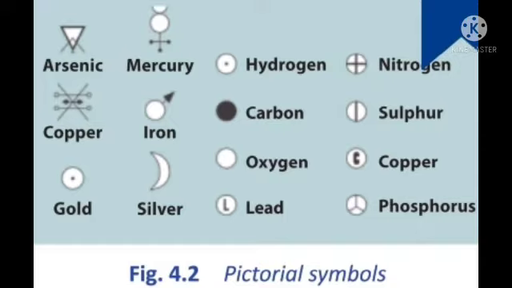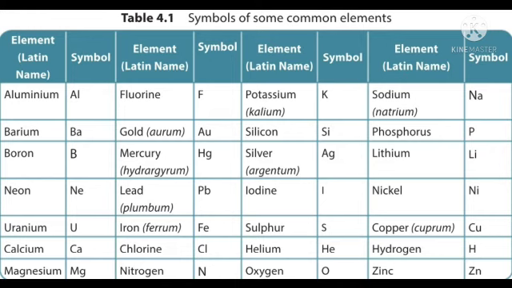First, an English letter appearing in the name of an element is used as its symbol. For example, hydrogen H, carbon C. Second feature, when two or more elements have names beginning with the same letter, one more letter is added to the symbol. Example, calcium Ca, cobalt Co, xenon Xe, helium He, bromine Br.